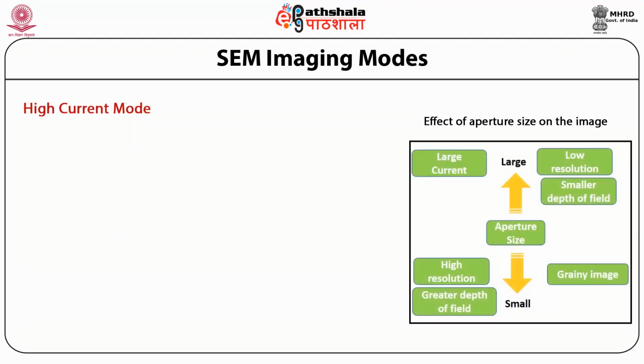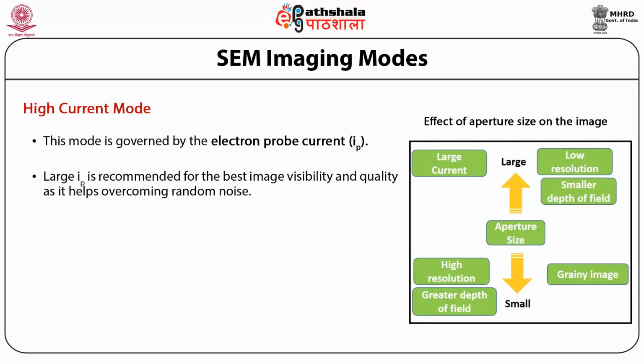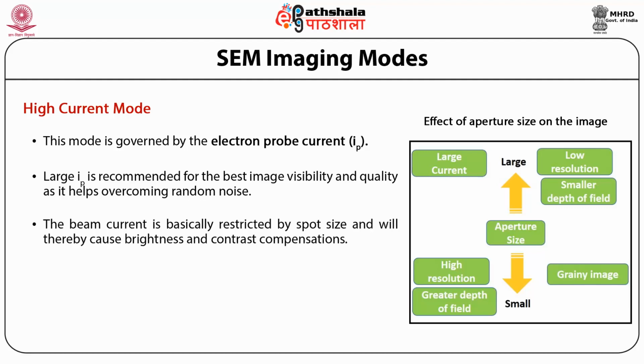The high current mode. This mode is governed by the electron probe current, IP. Large IP is recommended for the best image visibility and quality, as it helps overcome random noise. The beam current is basically restricted by the spot size and will thereby cause brightness and contrast compensations.